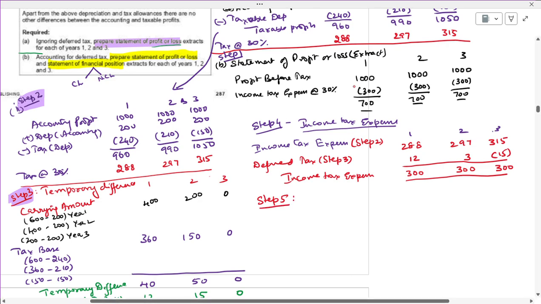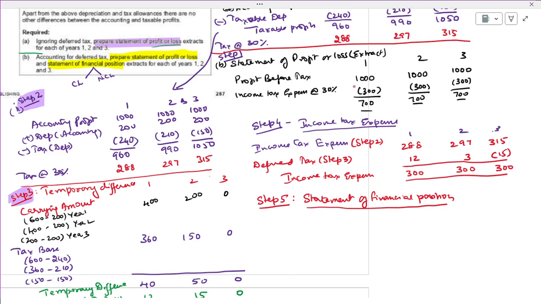Step 5 talks about the statement of financial position.